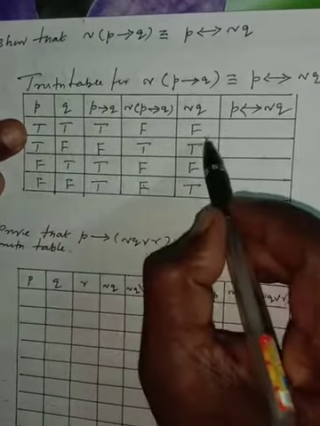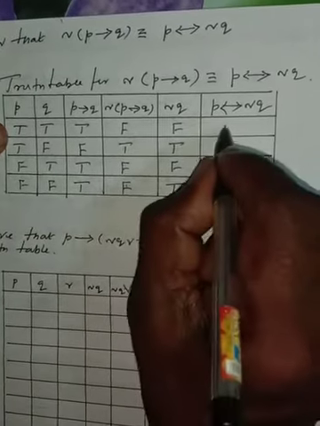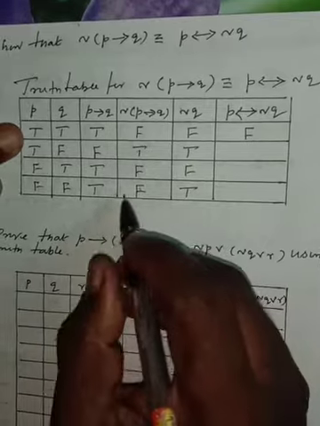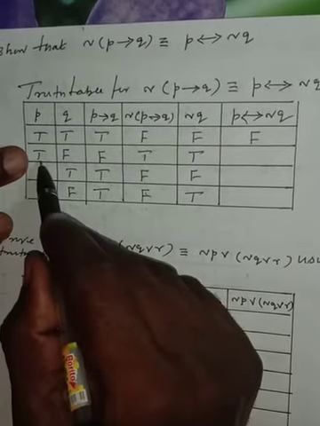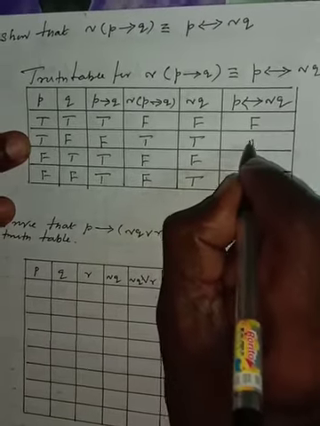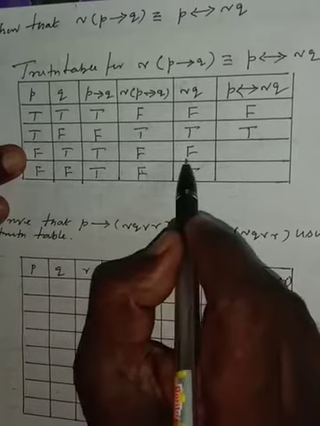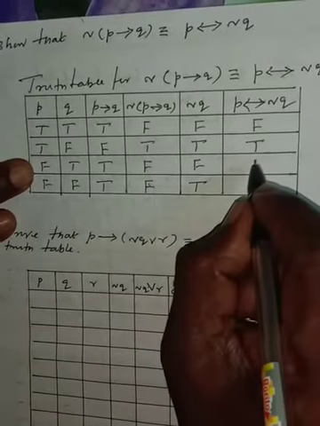True if and only if, means false. Next, true if and only if true is true. Next, false if and only if false is true.